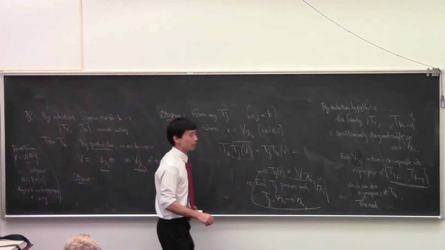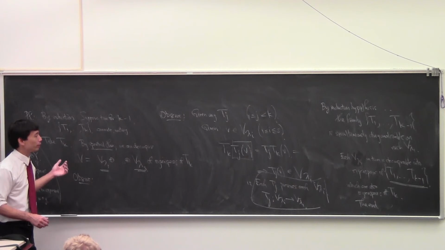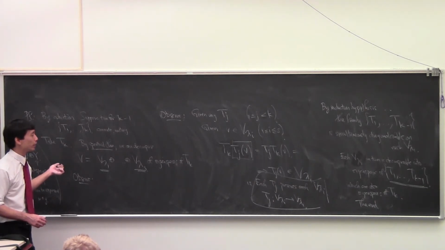So this is the extension of the spectral theorem, saying that if you have a family of unitary operators that commutes, then you can simultaneously diagonalize them all.